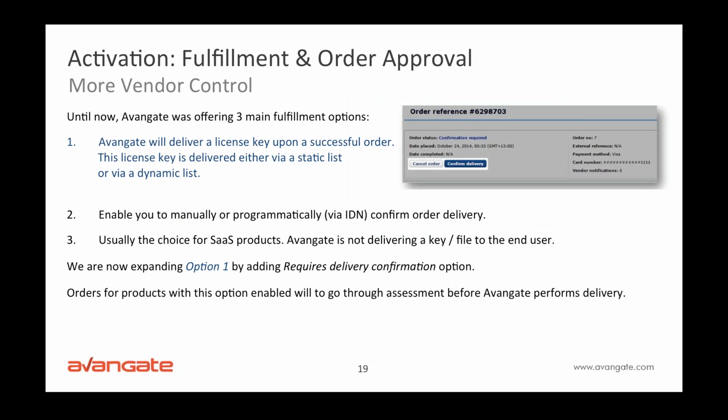Thank you. All right. Now, I want you to know that we've diversified a little bit the fulfillment options for your orders, and this is actually in response to requests that we've heard from you.